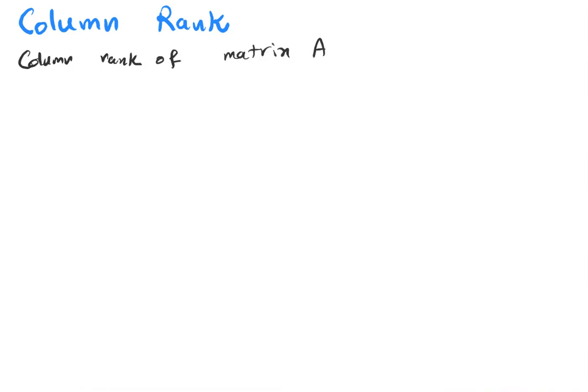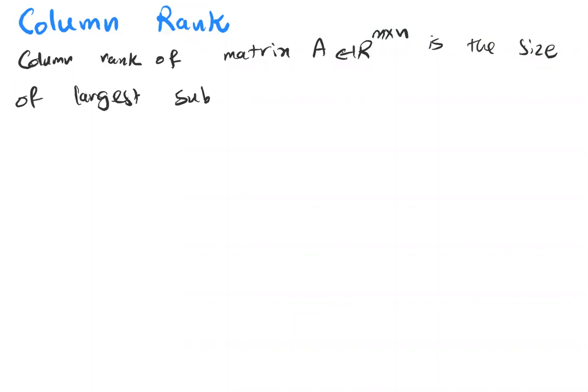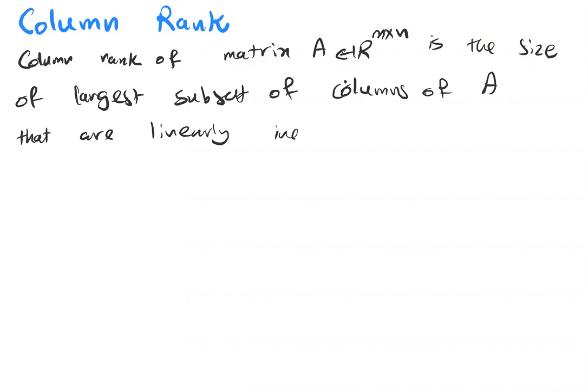Next definition is column rank. The column rank of matrix A, which is n by n dimensional, is the size of the largest subset of columns of matrix A that are linearly independent.